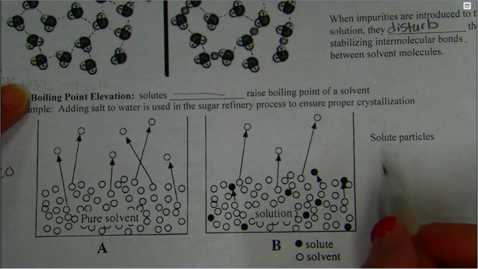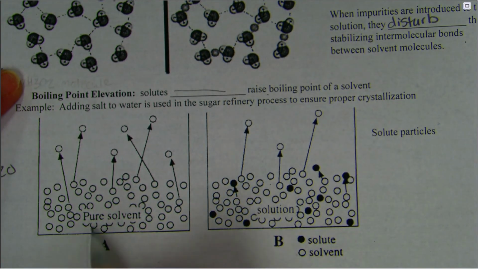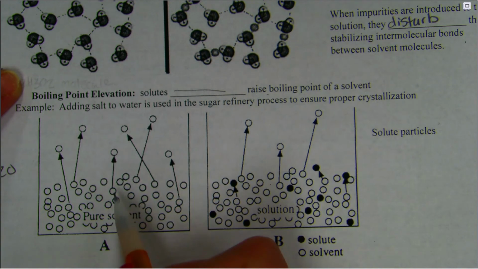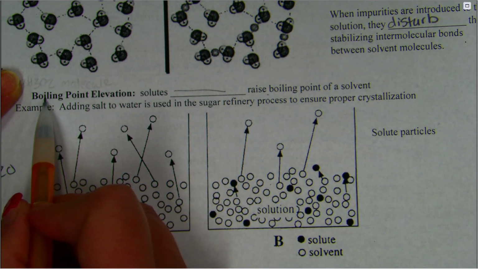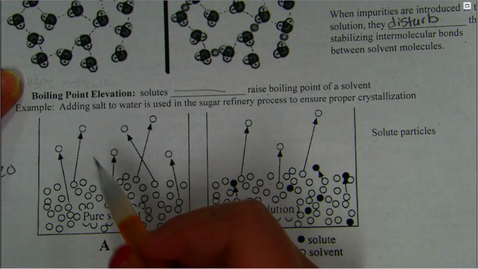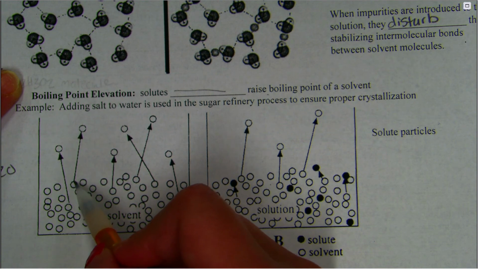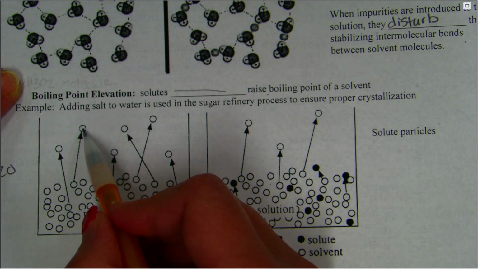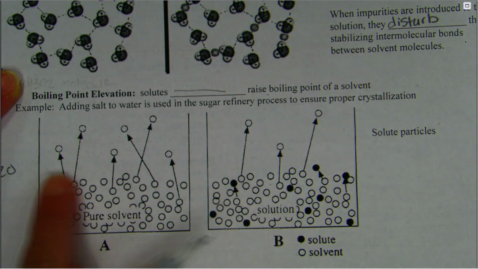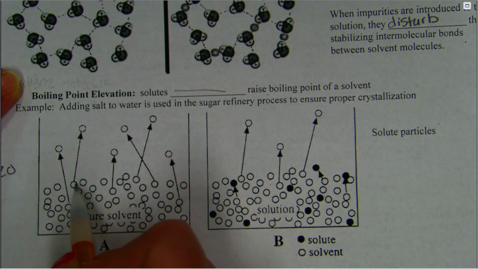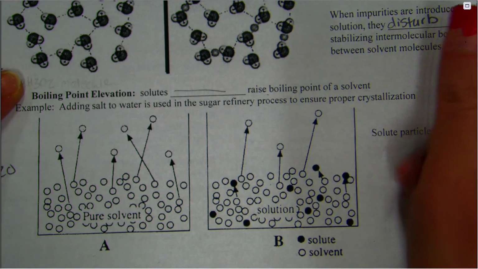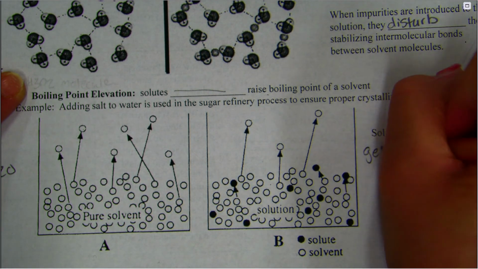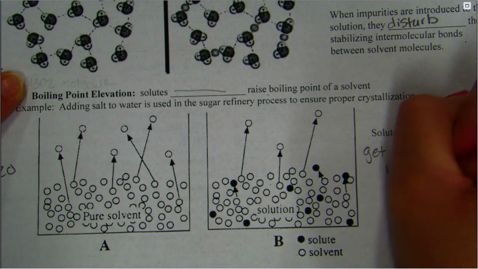Essentially what happens in a pure solvent is that molecules at the surface, when they get enough kinetic energy, because when we boil something we add heat, and heat increases kinetic energy, are able to escape from the liquid form into the gas form. They're able to do this freely. When I add a solute, these solute particles get in the way.